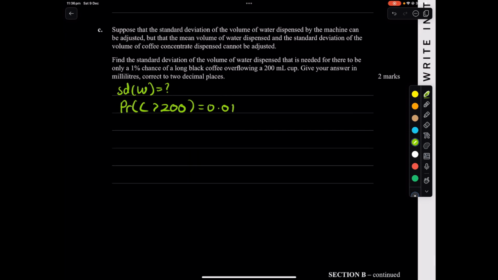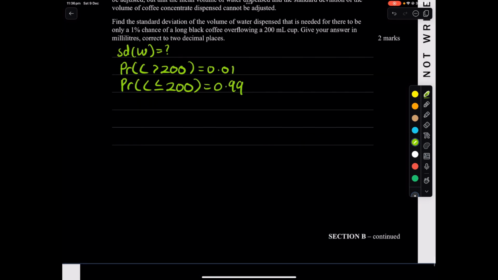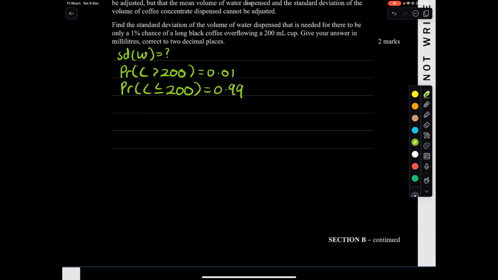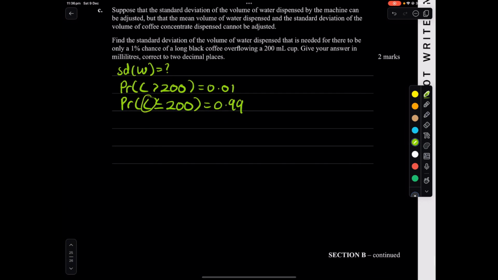So I know that the probability of C being less than or equal to 200 is going to be 0.99. Okay, let's think. So I'm going to convert this to Z. So Z is going to be 200 minus your mean value.